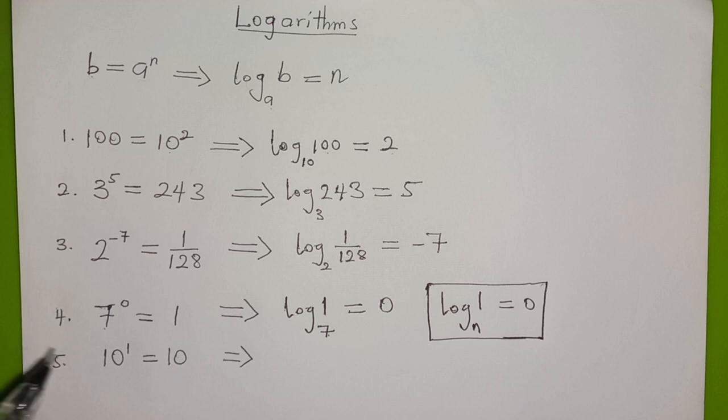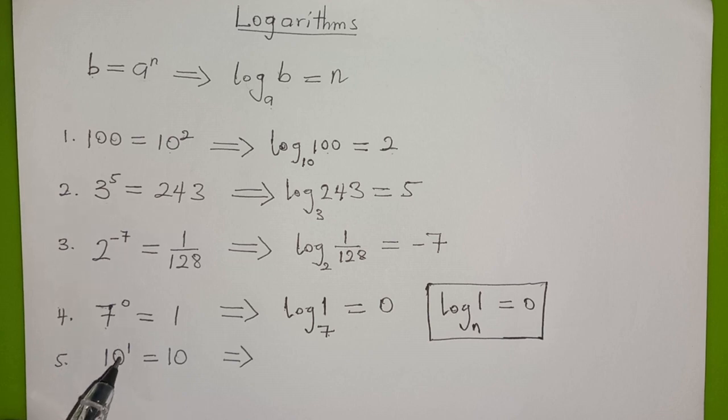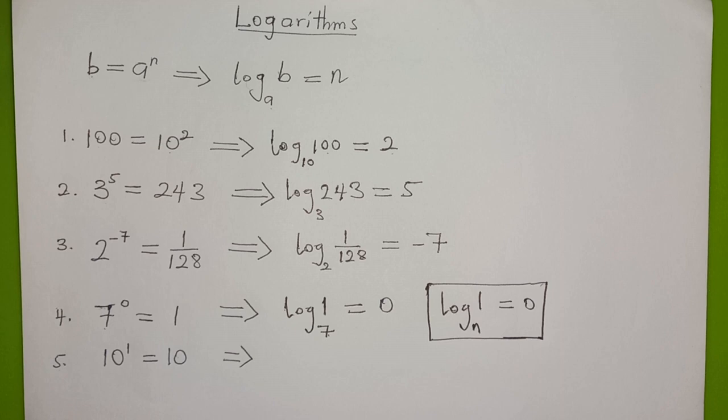All right, so for our final example, what we are saying is that 10 raised to the power 1 is equal to 10. Any number raised to the power 1 is equal to the number itself.